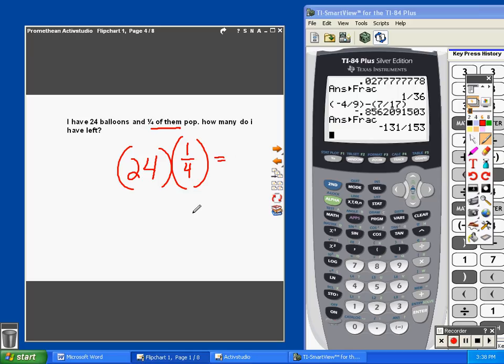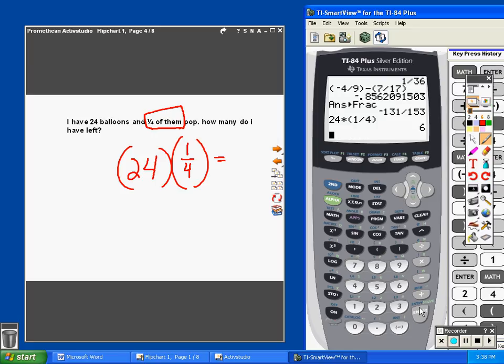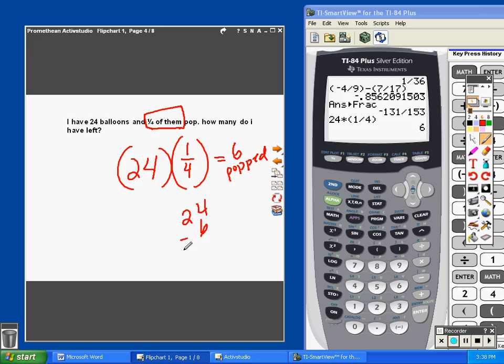If 1/4 of them pop, and you want to find out how much is 1/4 of them, this is how you would do it. 24 times 1/4, and you get 6. That means 6 popped, so how many would you have left? Well, 24 minus 6, you would have 18 left.